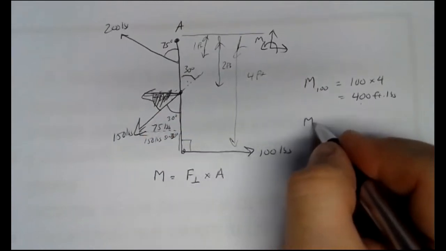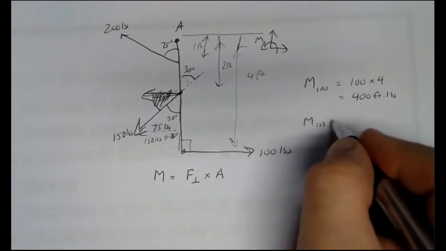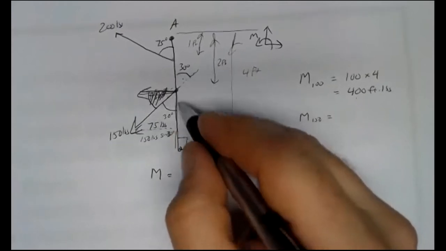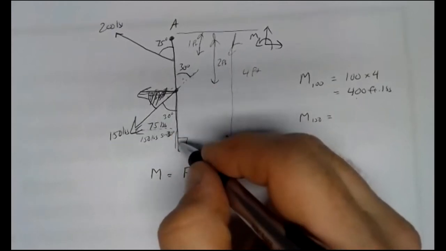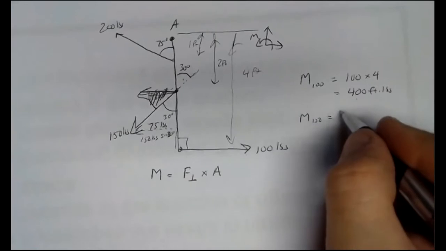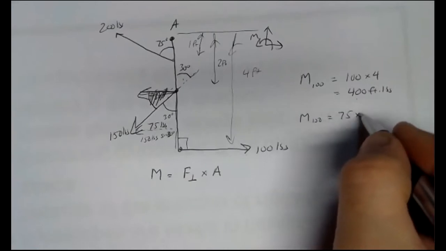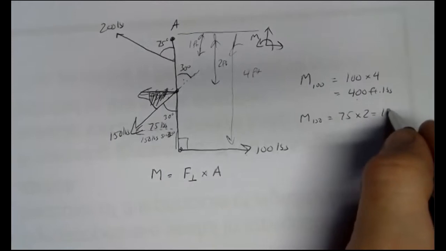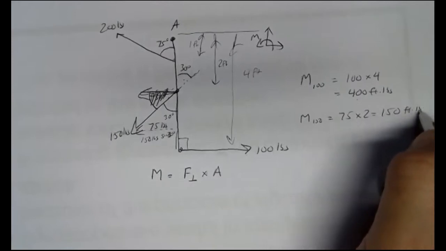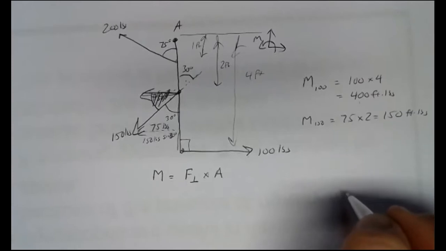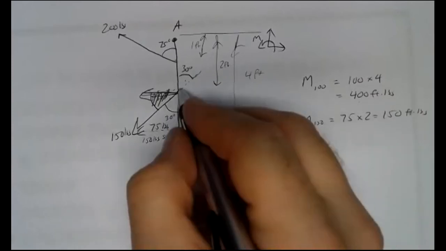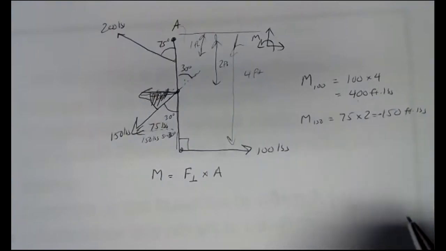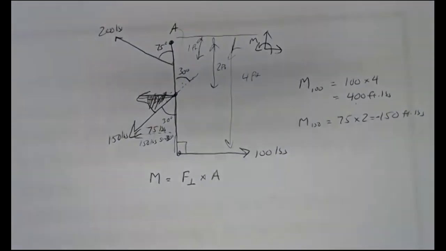The moment due to the 150-pound force, the perpendicular component, the component perpendicular to the arm, is 75 pounds times 2 feet. That'll give us 150 foot-pounds. It's clockwise, so this will pull here and produce a clockwise moment, so it would be negative. So negative 150 foot-pounds for that one.